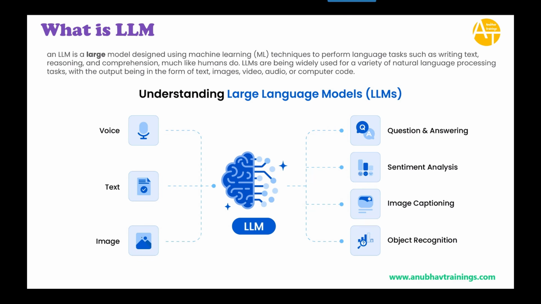So you give input, then the LLM processes it, and it creates completely new content for you, like answering questions like what ChatGPT does. Then sentiment analysis, image captioning, like creating brand new images, then object recognition, object detection, or creating videos, creating audio files, all that LLM does.